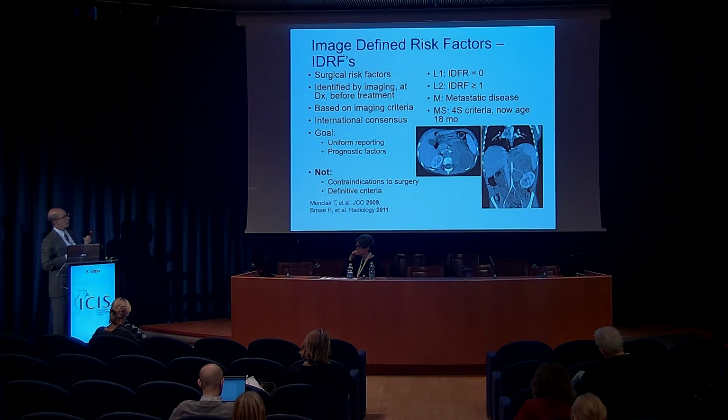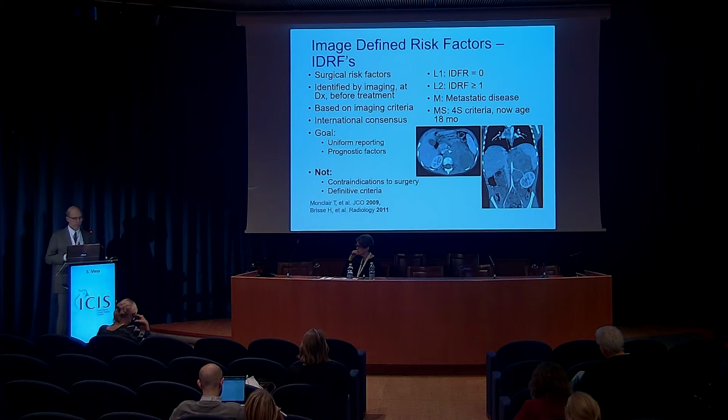The goal was also to develop a uniform reporting schema, which we couldn't do before because it was a surgical staging system, and to begin to develop prognostic factors. It is not meant to be a contraindication to surgery. Even though it's a risk factor, it's not a contraindication to surgery, nor are these absolutely definitive procedures or criteria.